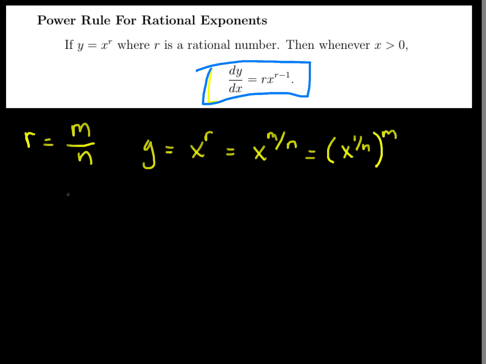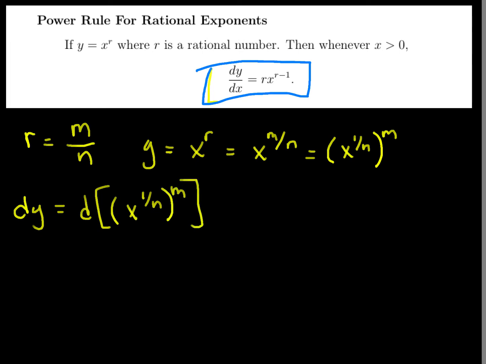Now I'm going to do this one slower than we have before because there's a lot going on. I've got a power here, I've got some powers there. So going slowly, the differential of y is the differential of x to the 1 over n raised to the m power.